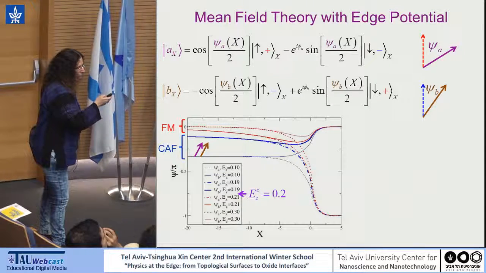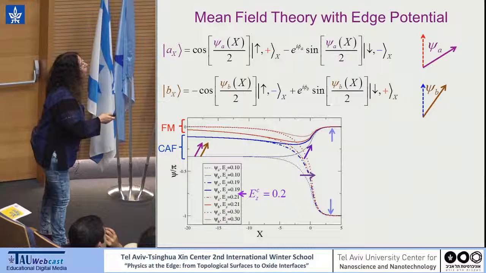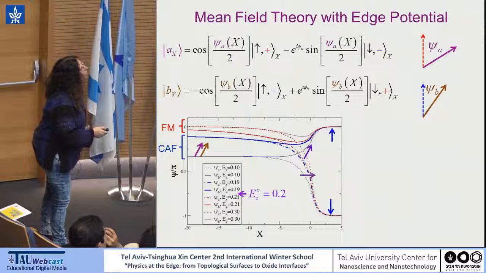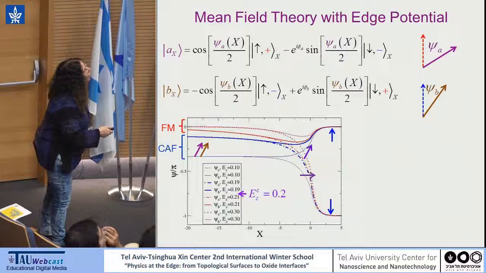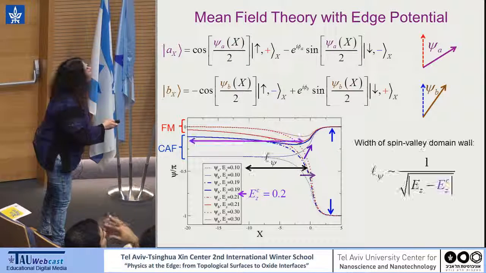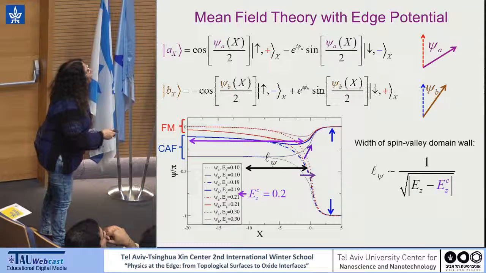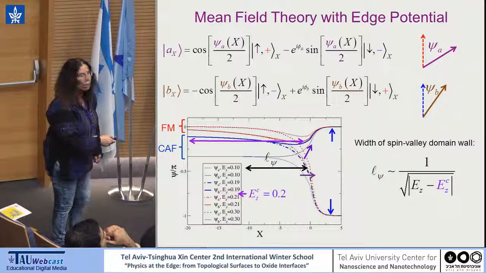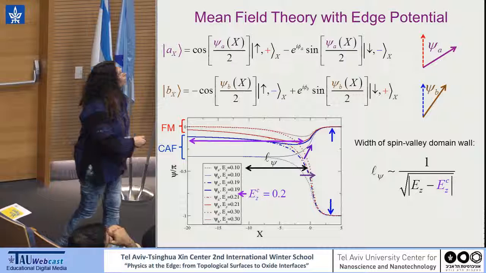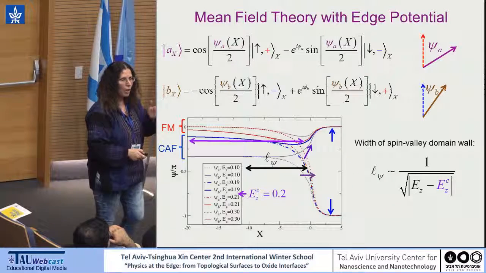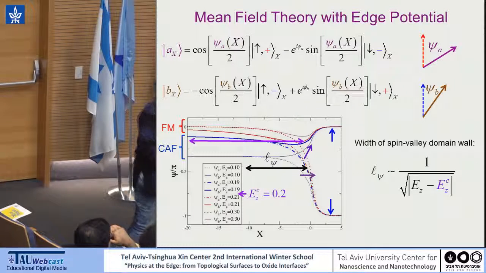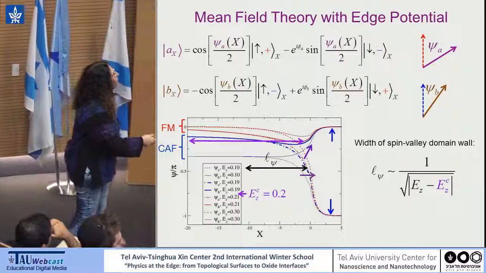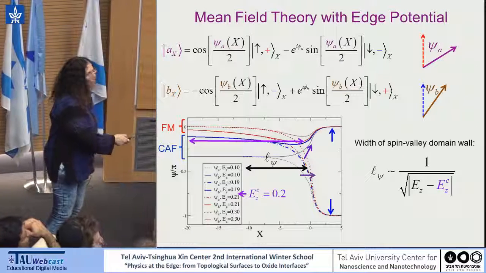Now, another point that I want you to note is that there is some natural length scale that appears here that has nothing to do with the edge potential. The edge potential is assumed to be very sharp. So there is a diverging length scale that comes from the bulk transition.